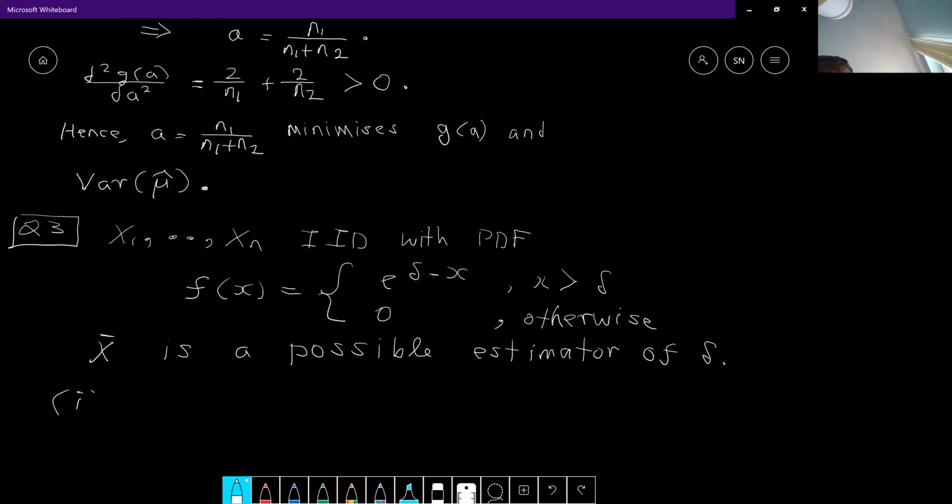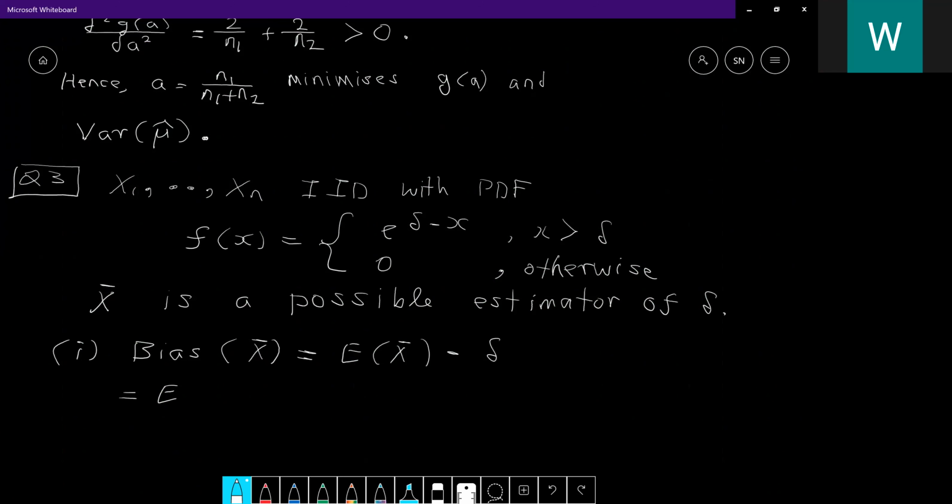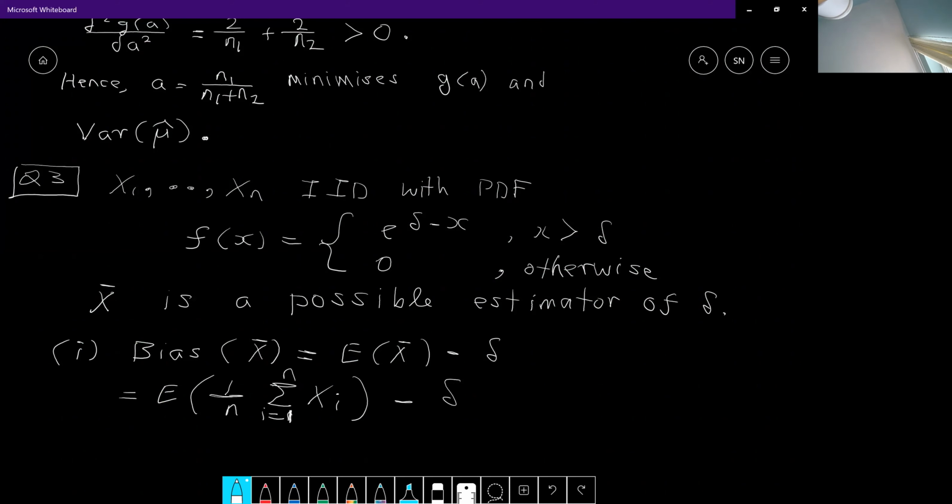So part 1 is asking you to find the bias of x bar, which is the expectation of x bar minus delta, right? Which is the expectation of 1/n times the sum of xi, minus delta.